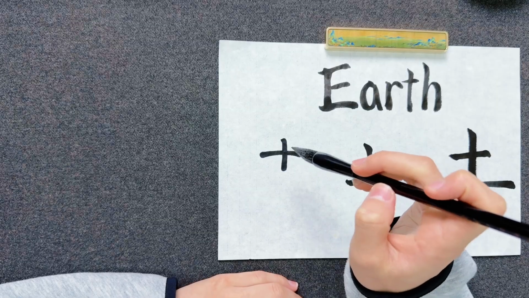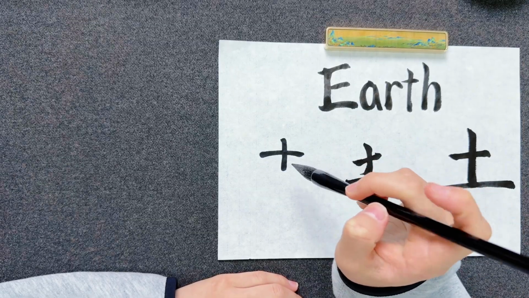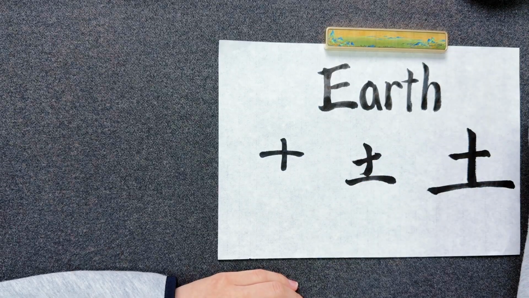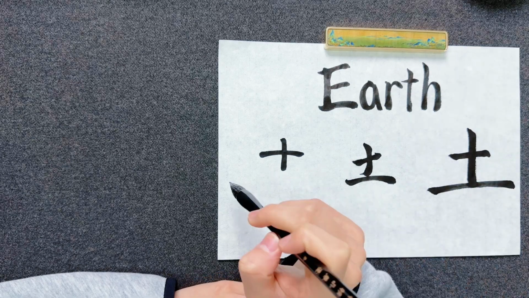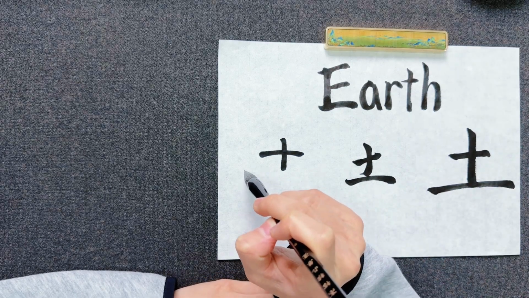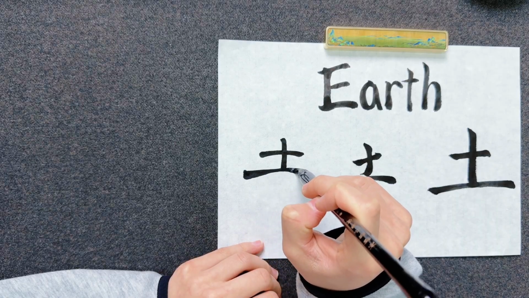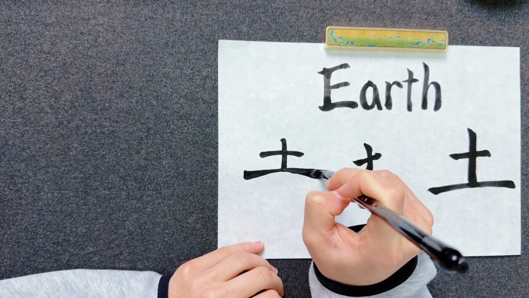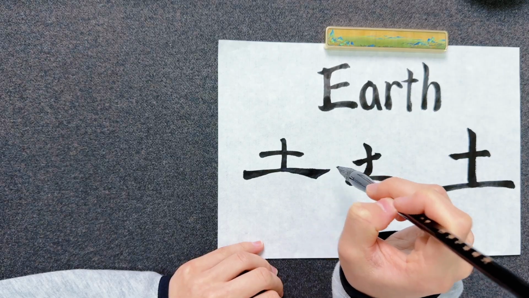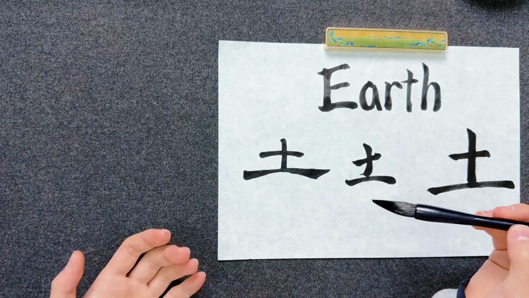And I'll write it first to show you, and then I'll explain it more specifically. So this is the 3-undulation horizontal stroke in clerical script.